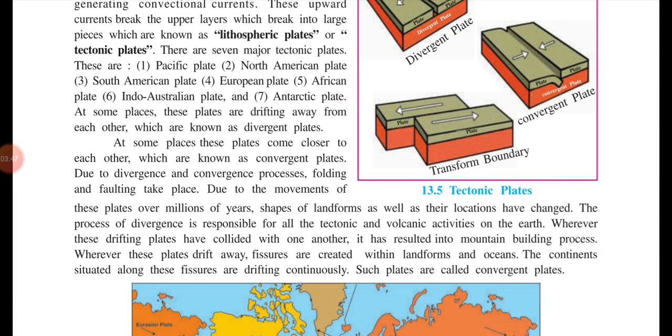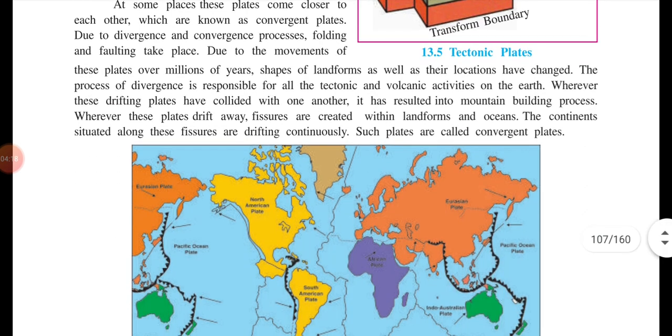Due to divergence and convergence, the process of fold, means bend, and fault takes place. Due to the movement of these plates over millions of years, the shapes of landforms as well as their locations have changed.